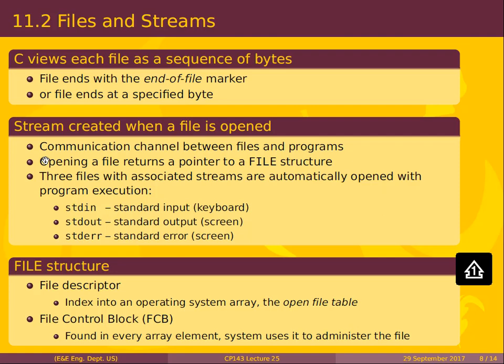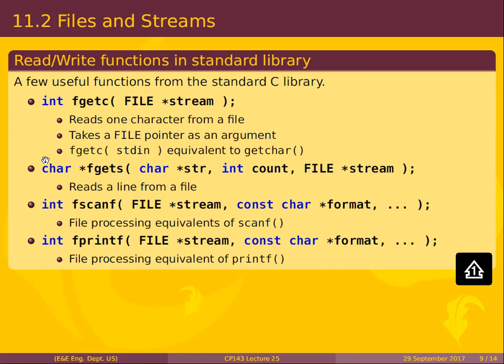This index points to an element of the open file table that contains this file control block. This file control block will manage the access that you have with regards to this file that resides on secondary storage. But a good overview is figure 11.4.